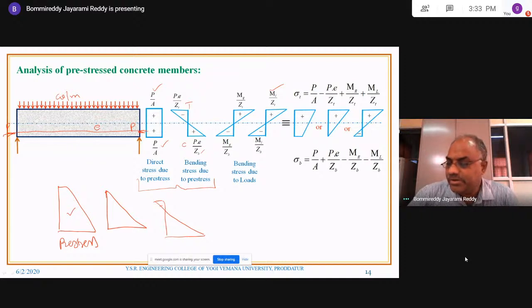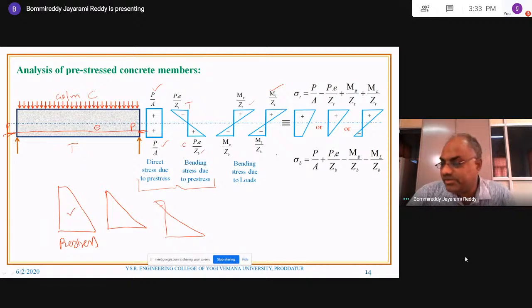Because of the externally applied load, the bottom is under tension, top is under compression. Because of the dead load, the bottom is tensile, and because of the loads also, the bottom is under tensile stress. At the same time, the top is compressive.